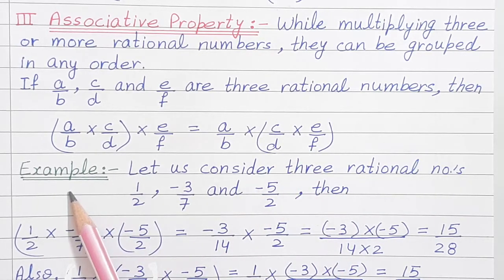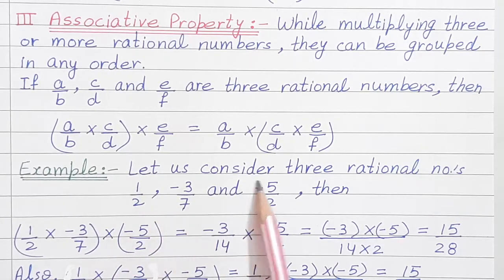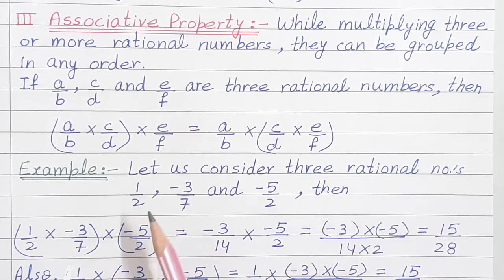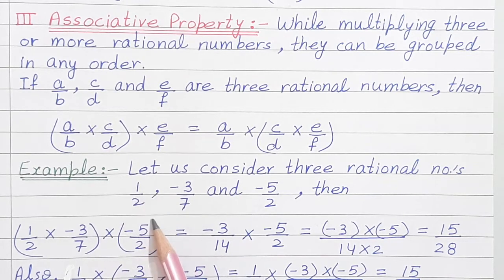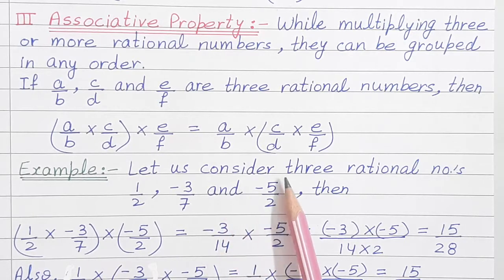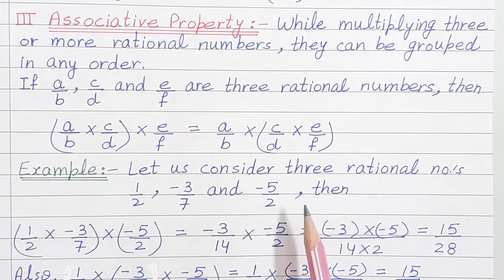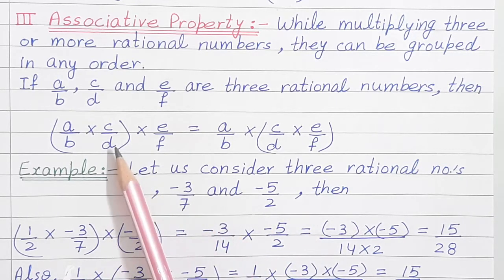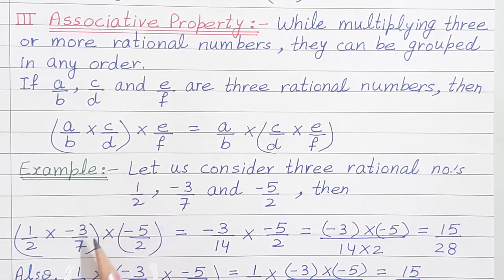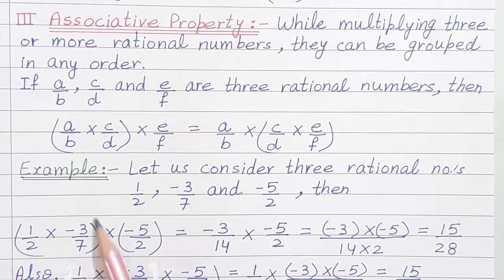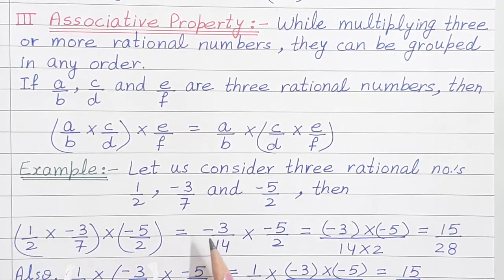So the example here is, let us consider three rational numbers: 1 by 2, minus 3 by 7 and minus 5 upon 2. Then the left hand side is 1 upon 2 multiplied by minus 3 upon 7, which is within the bracket, will give us minus 3 upon 14.